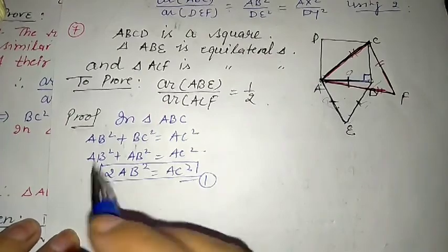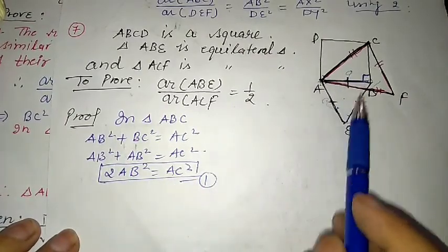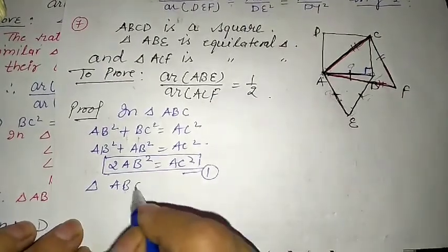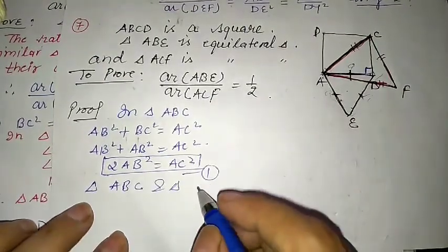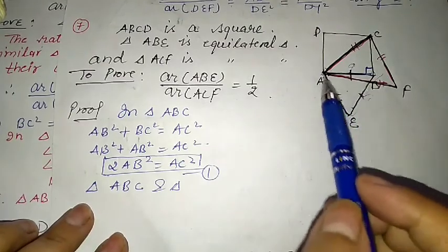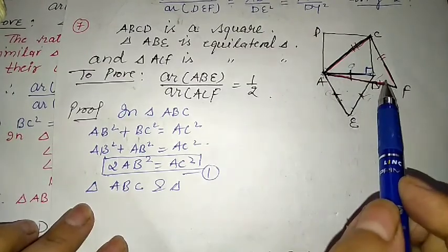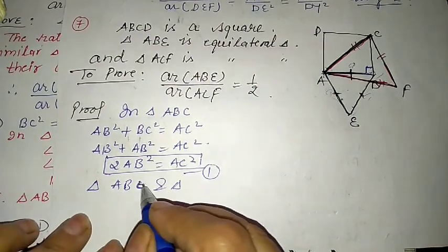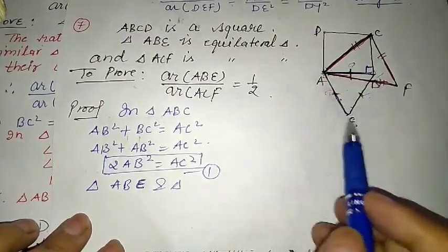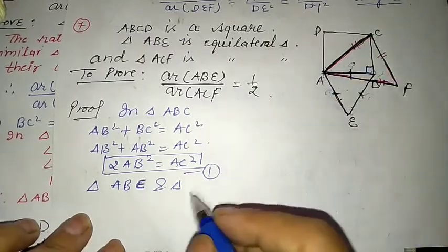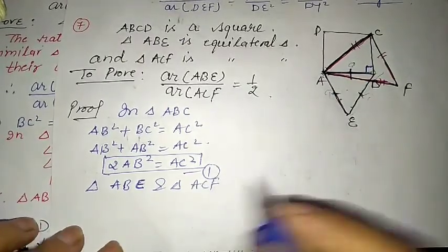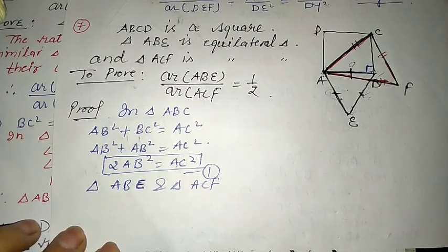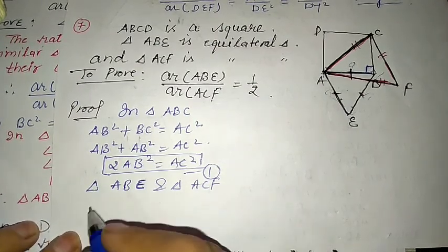Now both the triangles, triangle ABE and triangle ACF, are equilateral triangles, and we know that each has equal angles.